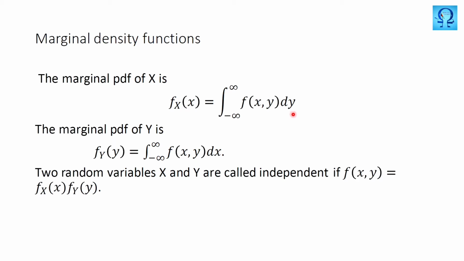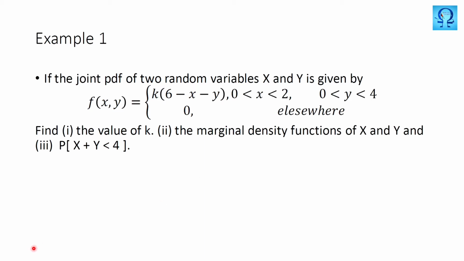We are taking all possibilities for y, and we are left with the value for only x. Similarly, one can define the marginal PDF of y. Two random variables are called independent if f(x,y) is the same as f_X(x) times f_Y(y). This we can take as the definition of independence of two random variables.